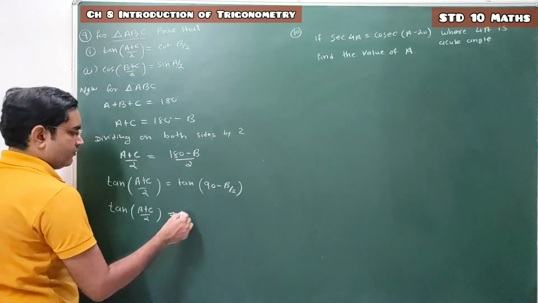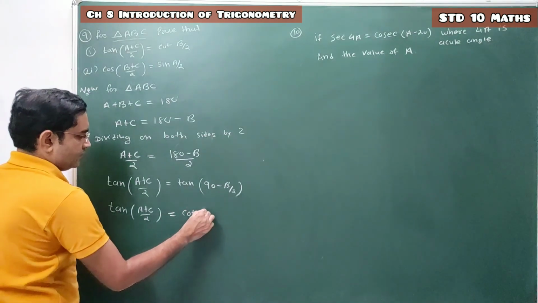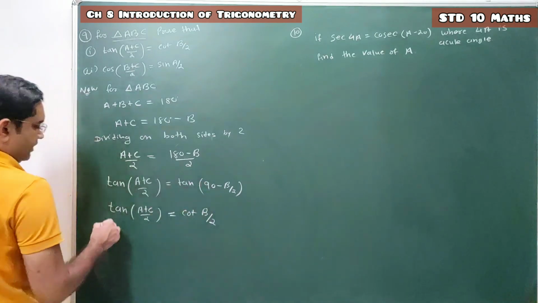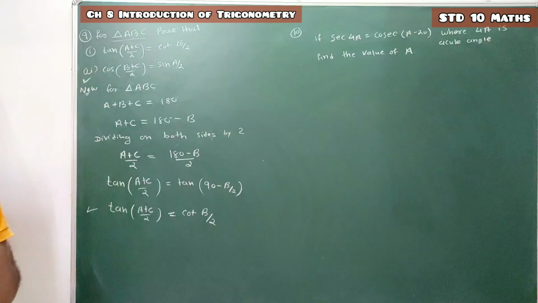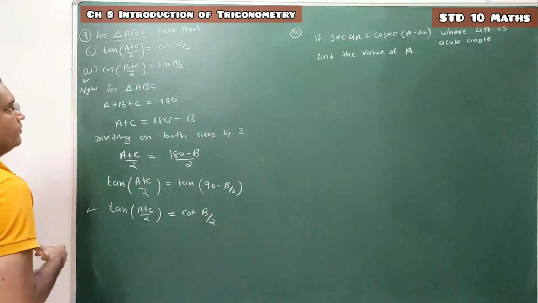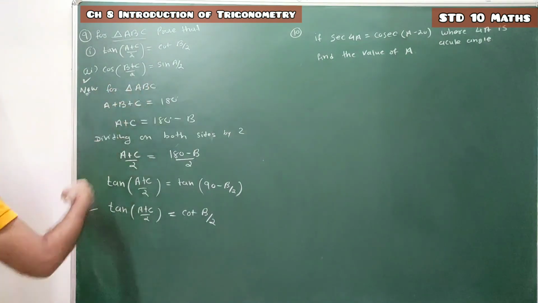So it's the complement of tan, cot B by 2. So that you have to prove. Done. Similarly, you have to prove this second result by yourself. It's cos of (B plus C) by 2 equal to sin A by 2.